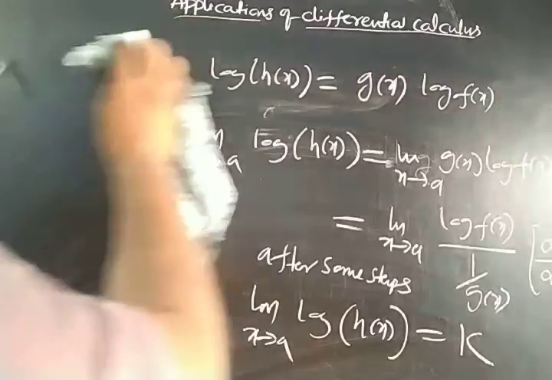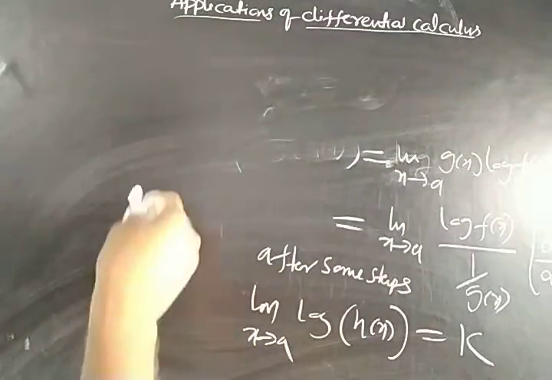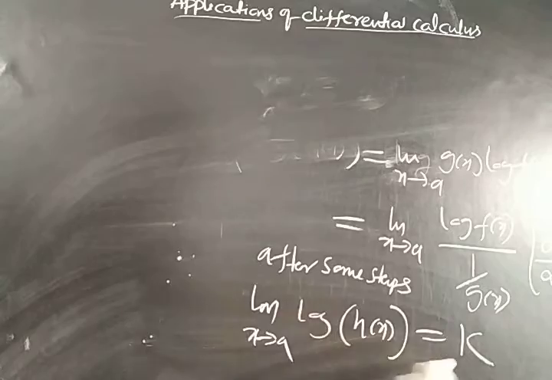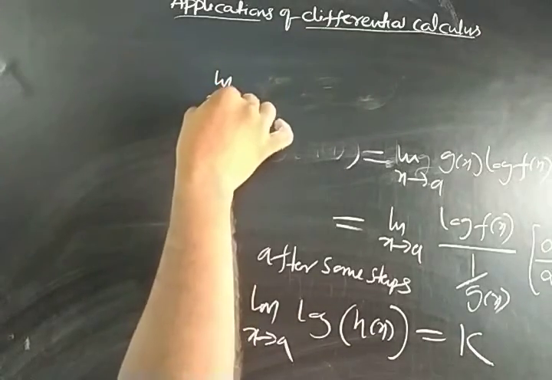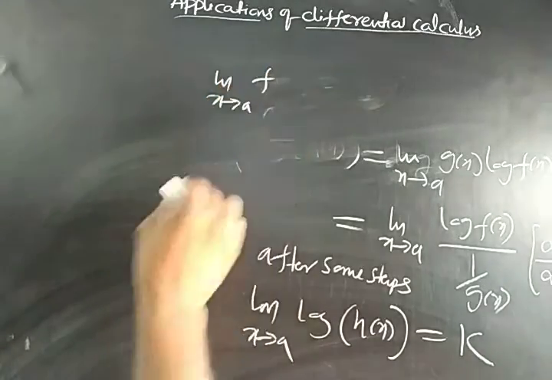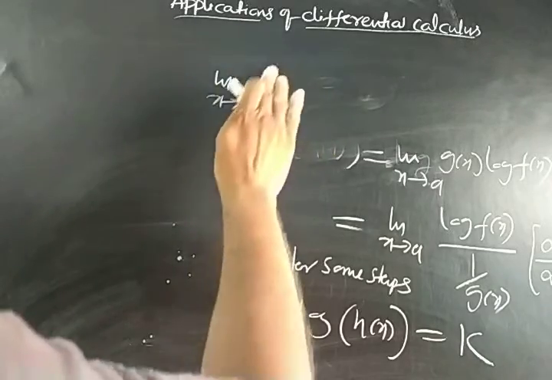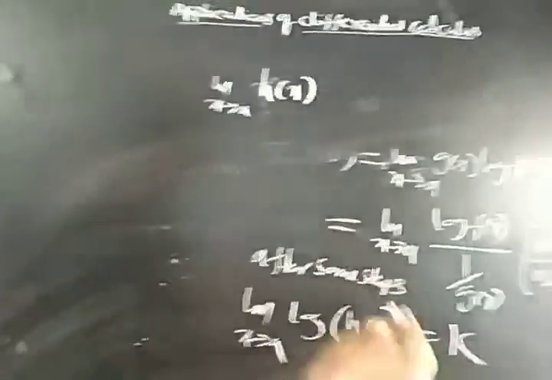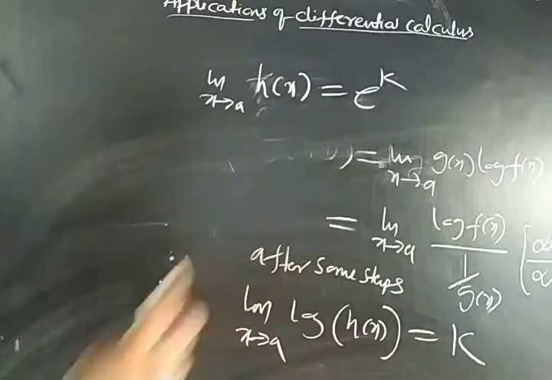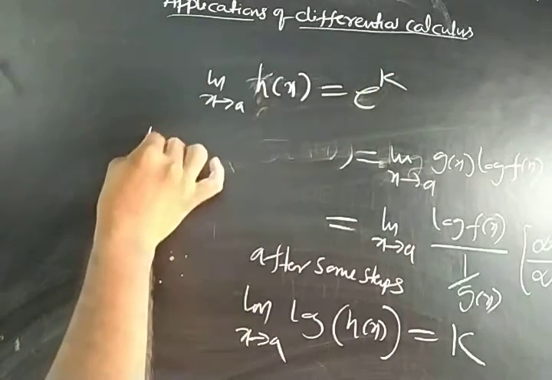Then we need the limit of h of x. By sending log to the other side, you will get limit as x tends to a of h of x is equal to e power k. So what is h of x here?